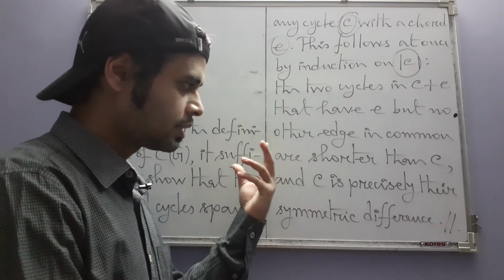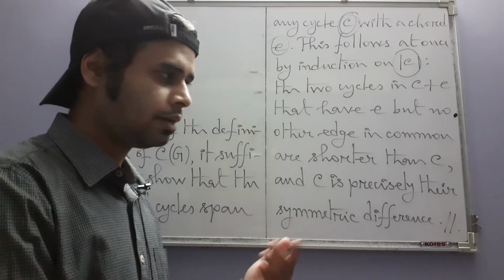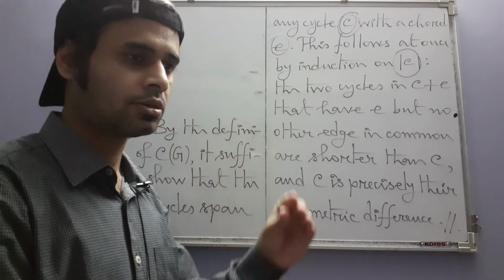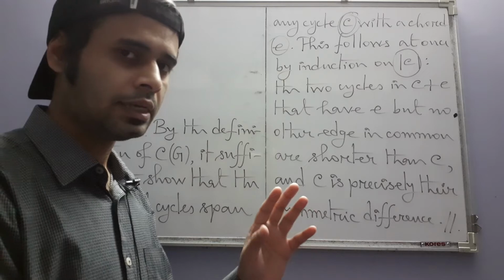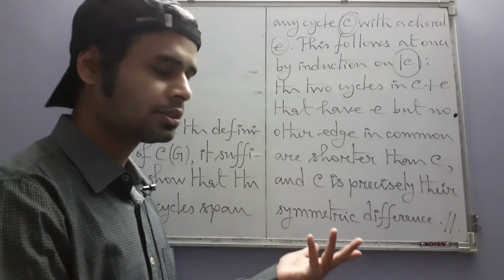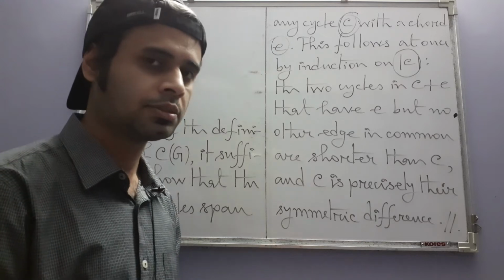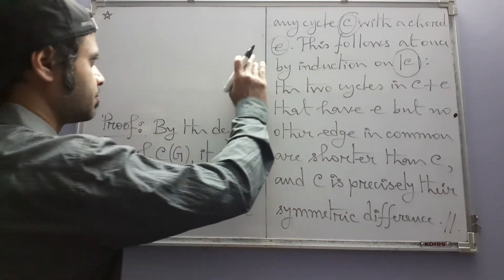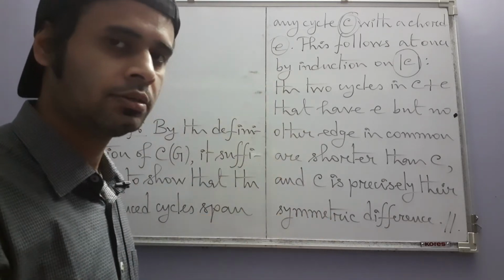Then the set of cycles in the graph is the empty set, and the empty set generates the trivial vector space consisting of only one element. In that case, the cycle space is also the trivial subspace of the edge space, and we understand that. In that case, everything is vacuously true.